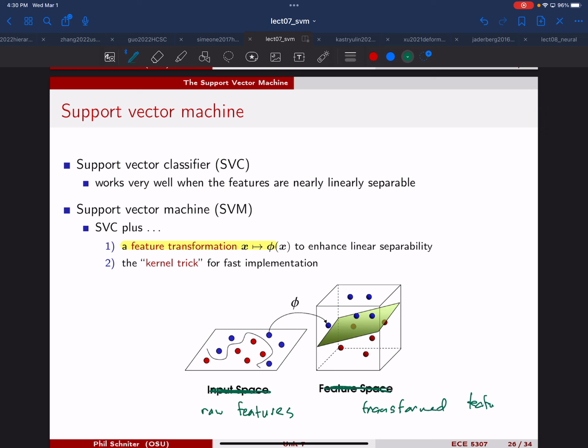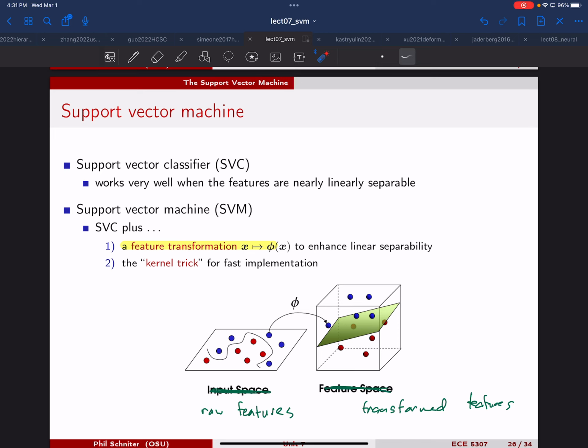You can see that in the raw feature space, there's no way I can pass a line through those features to linearly separate them because the data set is just not linearly separable in the original raw features. However, if I can do some transformation, and usually that transformation is going to go from a lower dimensional space to a higher dimensional space, here we're going from 2 to 3, perhaps after that transformation, I can pass a plane through here and I can perfectly linearly separate my data, or maybe not perfectly, but much closer to linearly separating. And that's the goal.